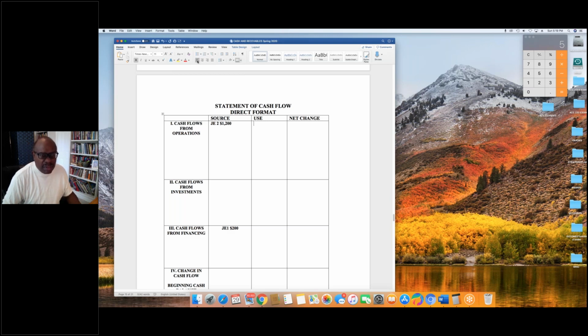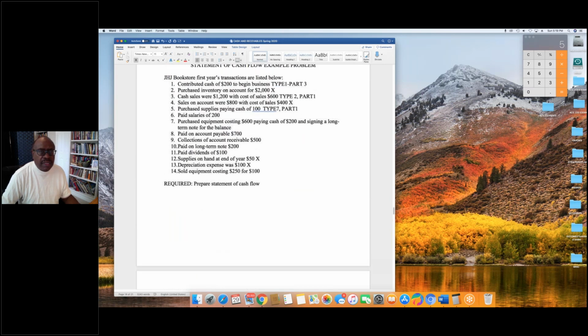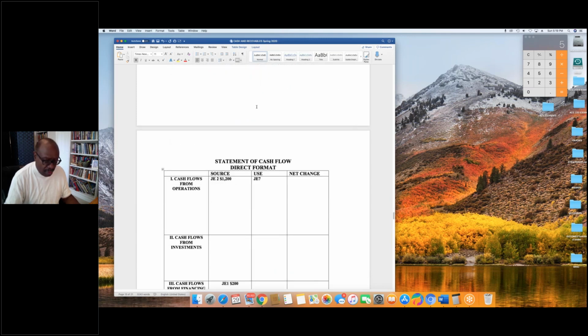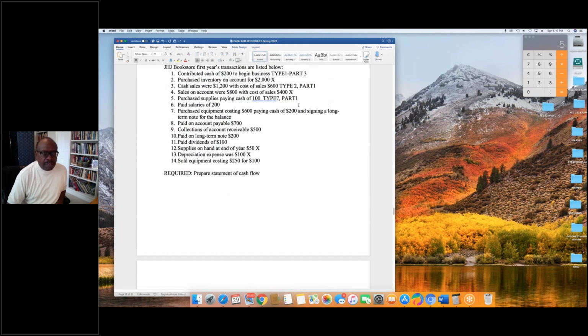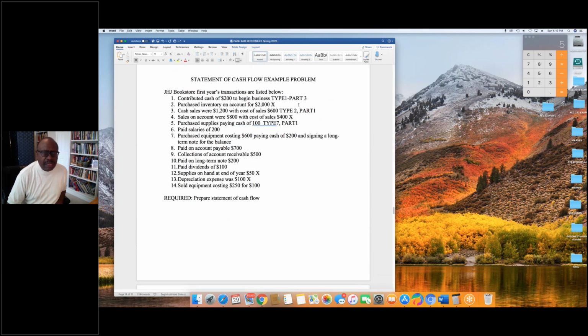So this is JE 7, and we purchased the supplies for 100. So we put each transaction in a certain place, and that's going to lead us to the statement of cash flow.